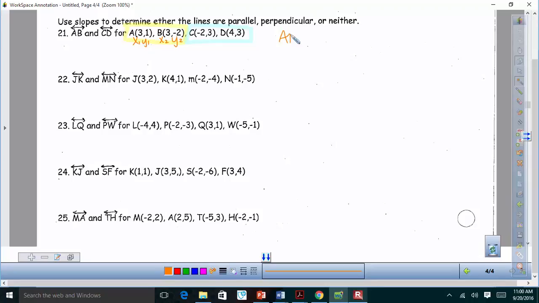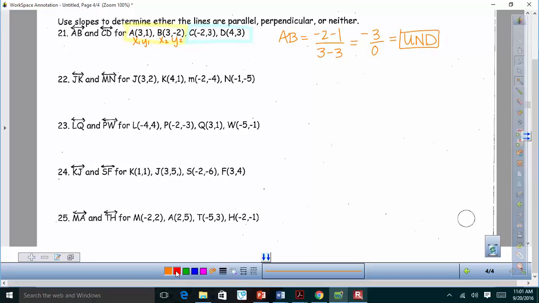So AB would be negative 2 minus 1 over X2 minus X1, so 3 minus 3. So that gives me a negative 3 over 0. What does that mean? Very good. Okay, so AB is undefined.